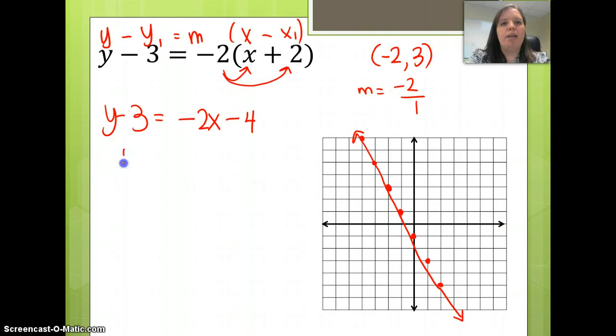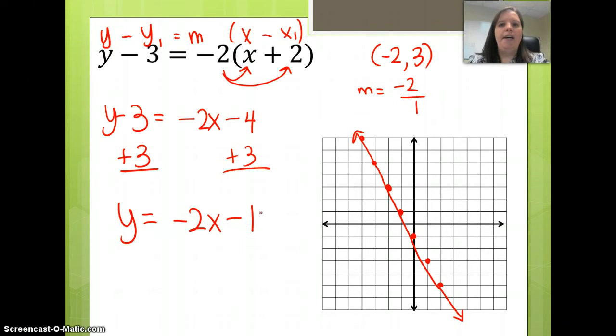And then slope-intercept form actually has y all alone on one side of the equation. So y equals negative 2x, and the negative 4 plus 3 is negative 1. So this is slope-intercept form.